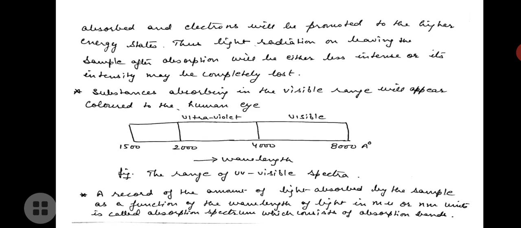A record of the amount of light absorbed by the sample as a function of the wavelength of light in millimicron or nm units is called absorption spectrum, which consists of absorption bands. So in the figure you can see the range of UV visible spectra.